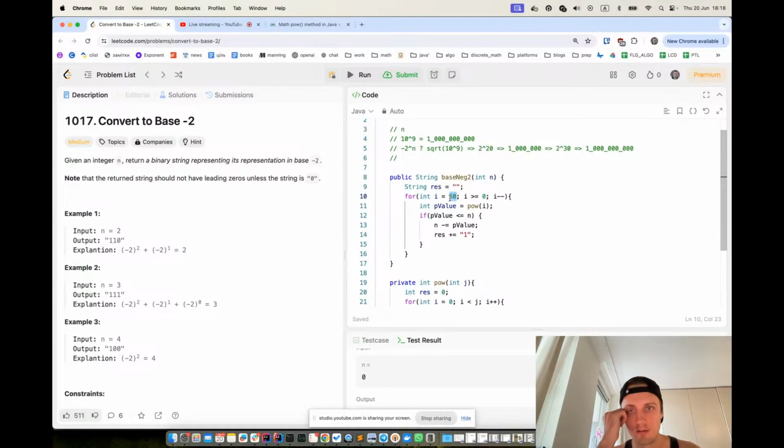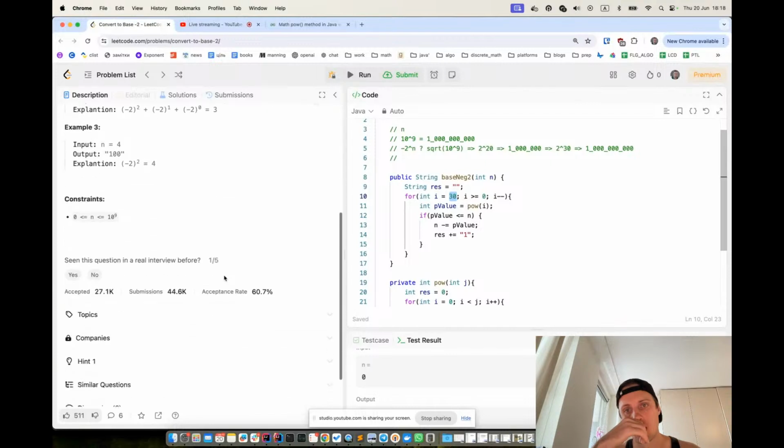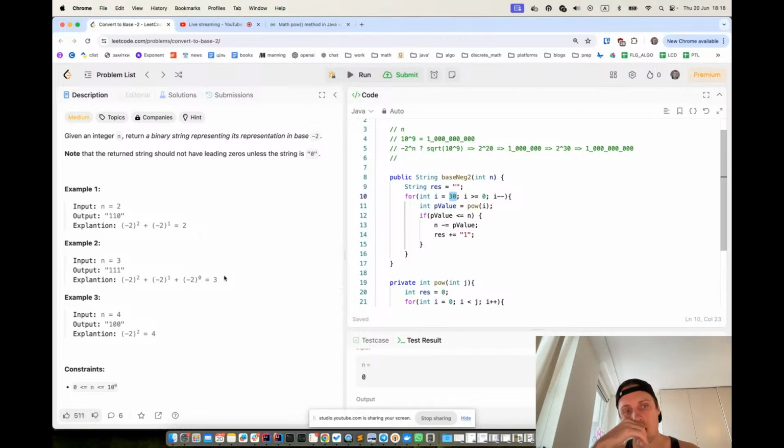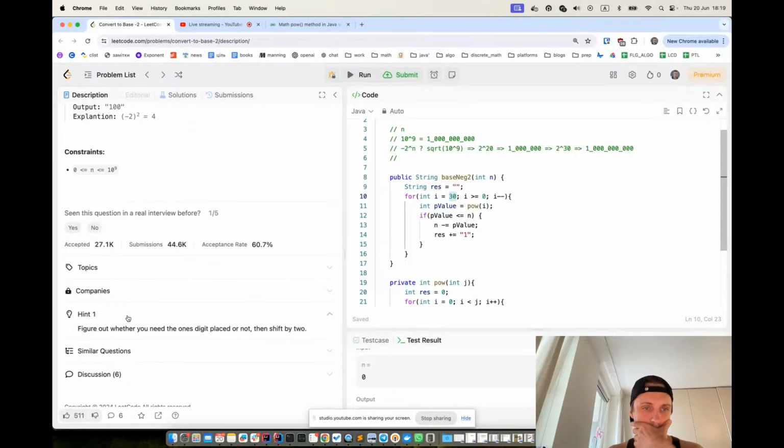Yeah, so here I think it should be 30 and 2. Yeah, I think I don't actually know how to solve it.